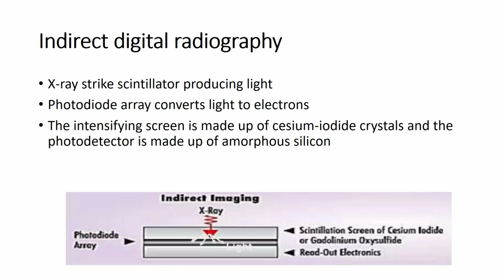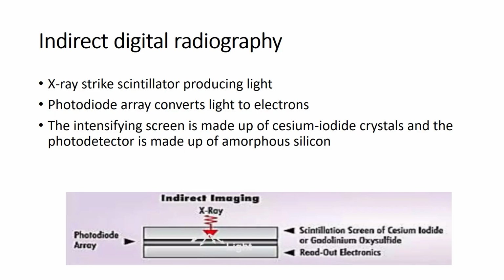Under this, we will discuss first the indirect digital radiography. The X-ray strikes scintillators which produce light, and the plate contains a photodiode array.